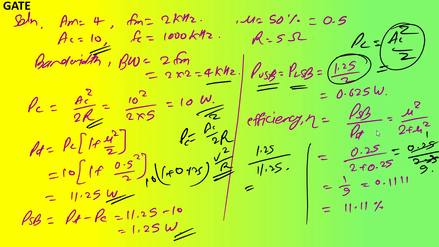Let me calculate: 1.25 divided by 11.25 is going to give you 0.1111, that is 11.11%. So this is my modulation efficiency. Efficiency is nothing but the available power in the sidebands divided by the available power in the amplitude modulated signal.